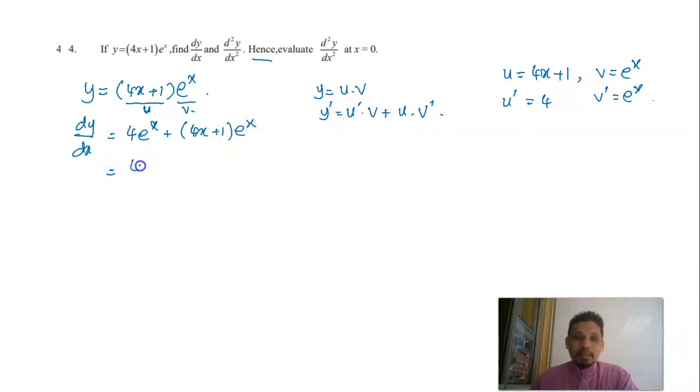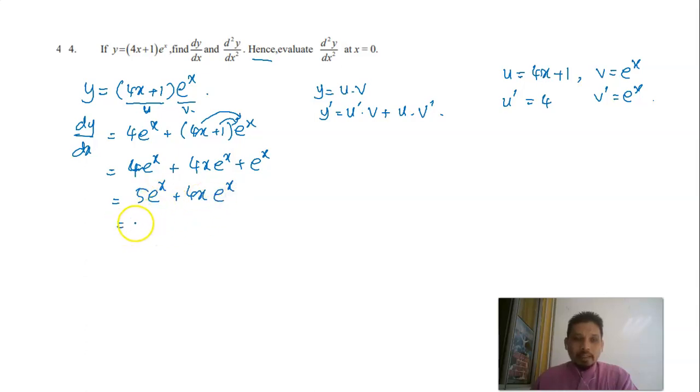Let's simplify this. 4 e to the power of x, and then 4x multiplied with e to the power of x, and then 1 multiplied with e to the power of x. 4 e to the power of x plus e to the power of x is just like 4 plus 1, equal to 5 e to the power of x plus 4x e to the power of x.